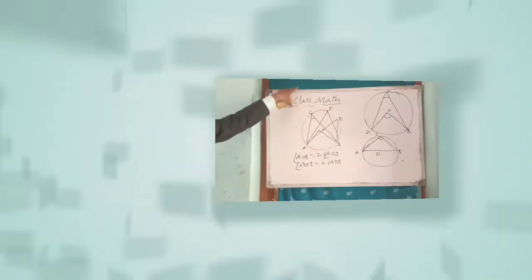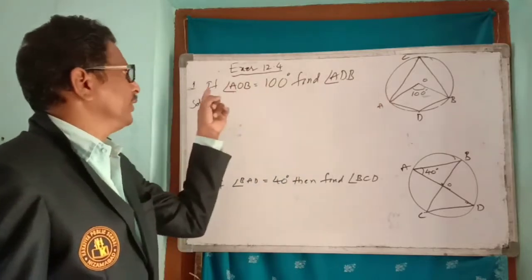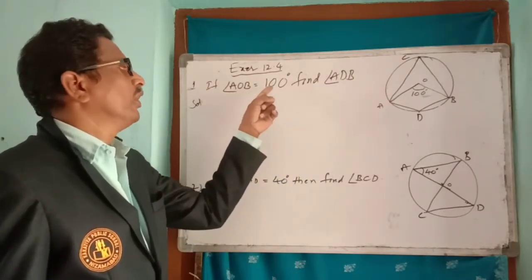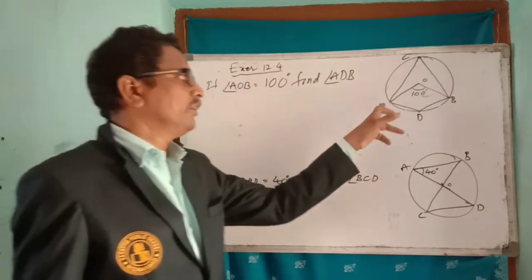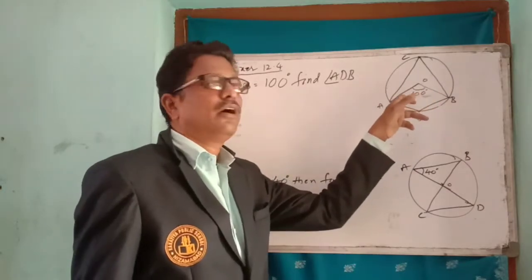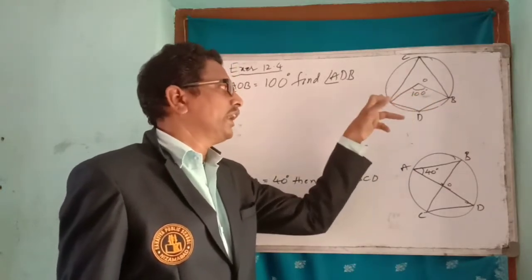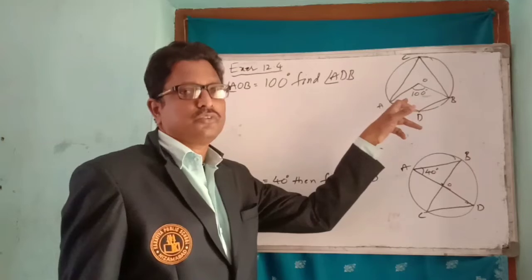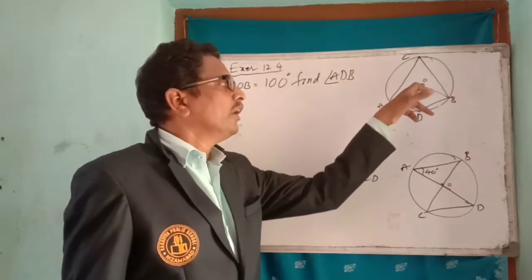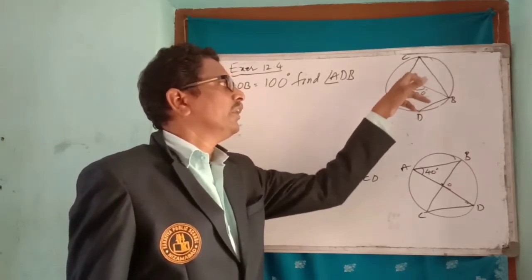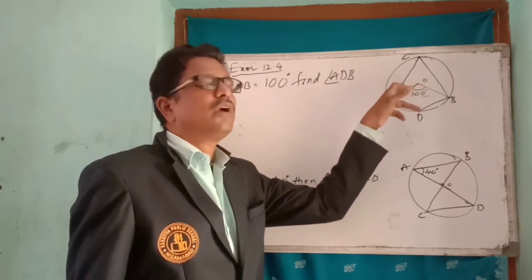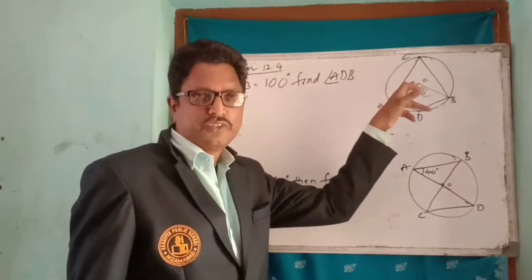Listen carefully. In the first figure, if angle AOB equals 100 degrees, then find angle ADB. Here how much? At a point, the sum of all angles equals 360 degrees.